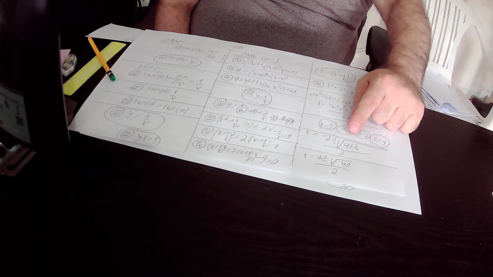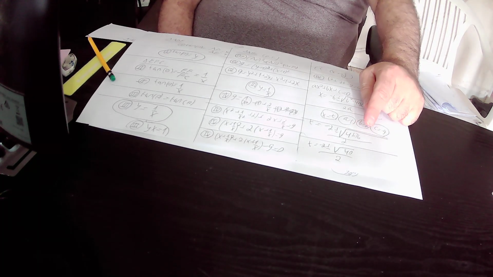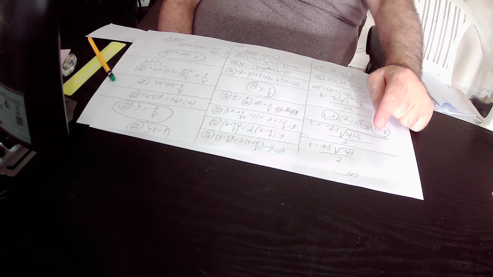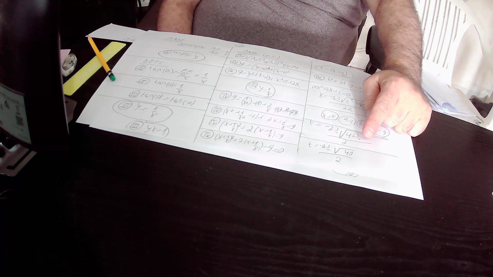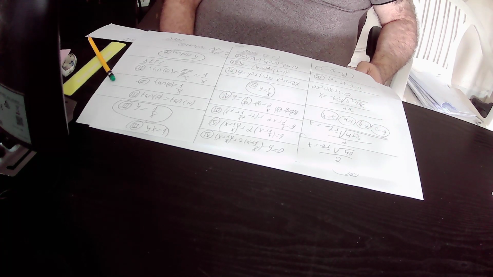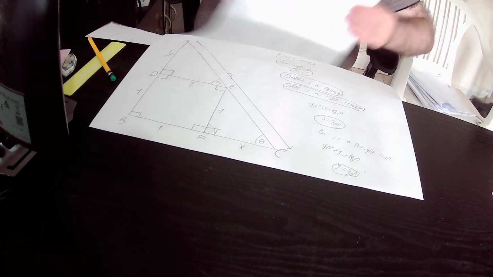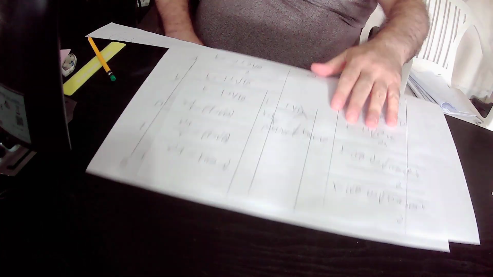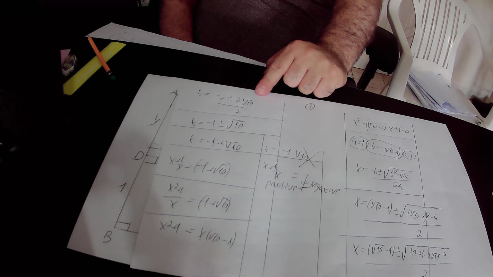So in conclusion we got that t equals minus 2 plus or minus square root of 4 plus 36, over 2. 4 plus 36 is 40. So we got that t equals minus 2 plus or minus square root of 40 over 2. And 40 is 4 times 10, and the square root of 4 is 2. So we found out that t equals minus 2 plus or minus 2 times square root of 10, over 2.